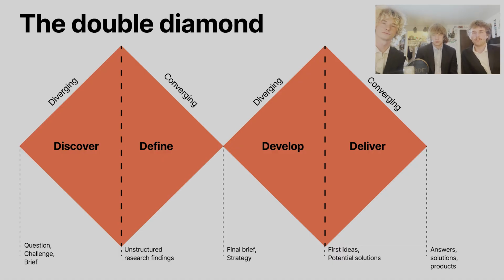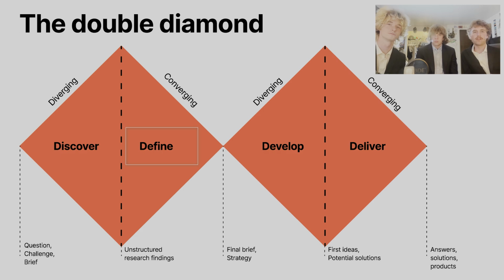To get there, we use the Double Diamond Framework. The Double Diamond Framework is a 4-step process of diverging and converging steps labeled Discover, Define, Develop, and Deliver. In the Discover phase, you question things, you challenge biases, and you brief yourself for the next step, Define, which is where you compile unstructured research to converge and try and understand your problem.